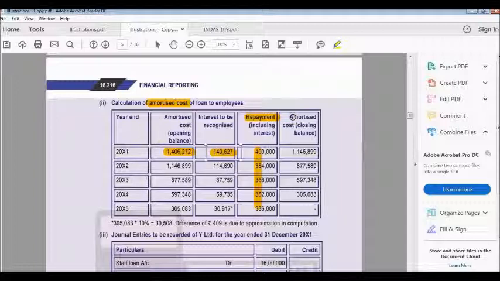And then that is the amortized cost. So how will you calculate the amortized cost? The fair value plus interest at the rate of 10%, which is the fair market rate of interest, and then minus the repayment, and you will calculate the amortized cost. For the next year, there will be the opening balance, and then add another 10% minus principal repayment plus interest repayment, then you will calculate the amortized cost for the second year.